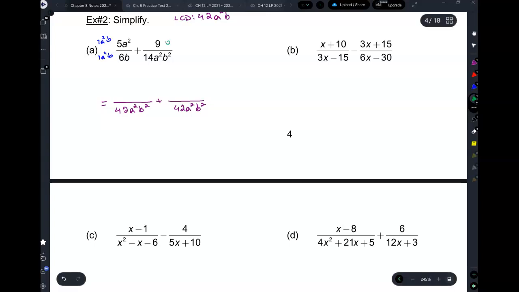So multiply by 3, multiply by 3. So finally, I have here 35 A to the 4 B, and then 27. So let's combine it into one fraction. This is going to be 35 A to the 4 B plus 27 over this.